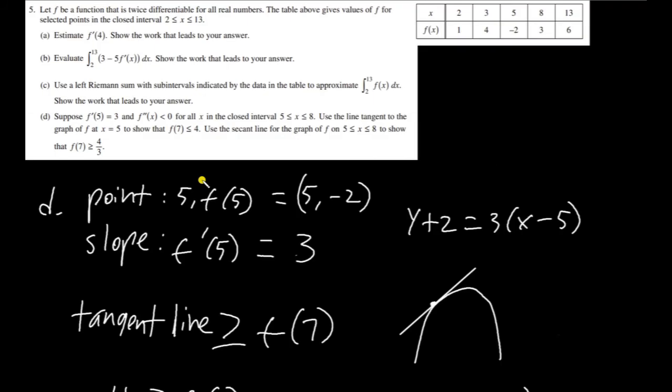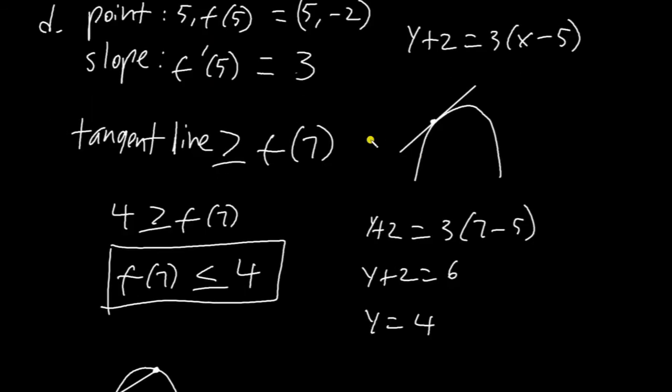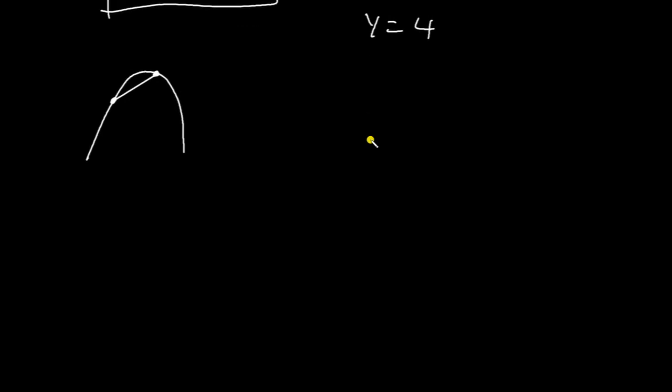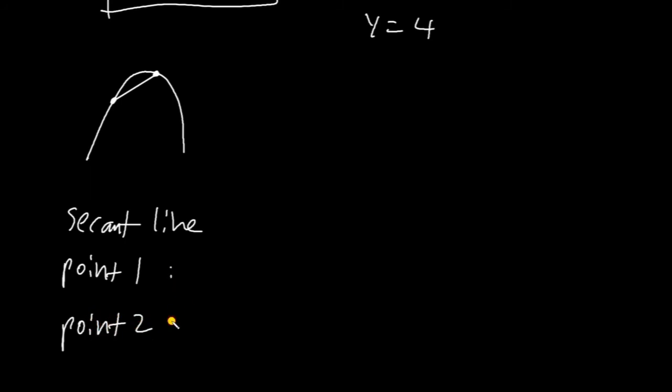Since we're looking at the secant line between 5 and 8, we need to figure out an equation for that secant line. To do that, instead of a point and a slope, this time we need point 1 and point 2. Point 1 is 5, comma f of 5, and point 2 is 8, comma f of 8.